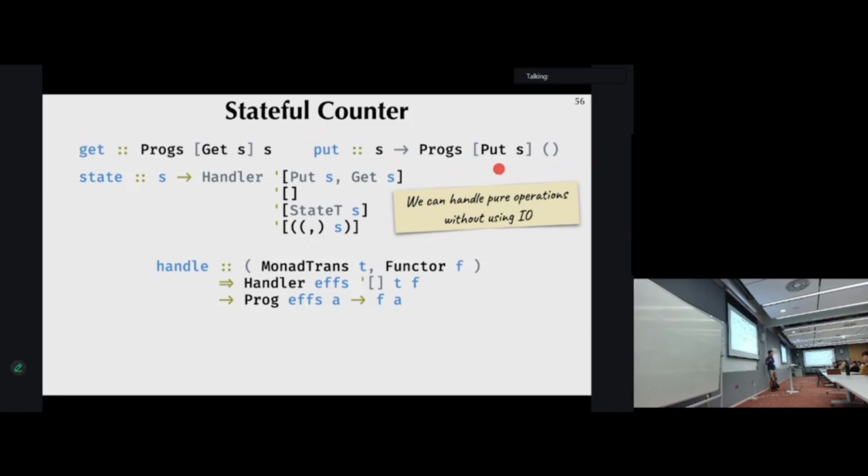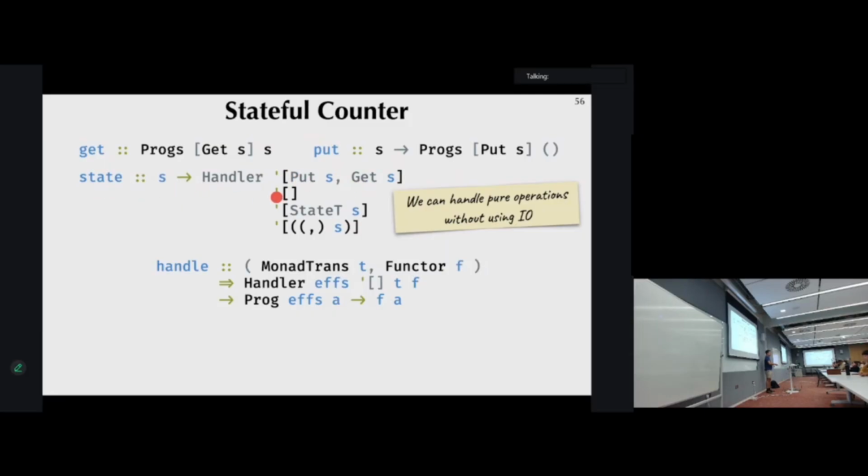Does it actually interact with a state? Well, that's not the operation's job to tell you. The operation just tells you, I'm this operation and here I am. It doesn't tell you, and here's what you'll do with me. Remember, the tick in the ticker example may or may not interact with state, depending on whether you record it. This here is the state handler, which says, I recognize put and get operations.